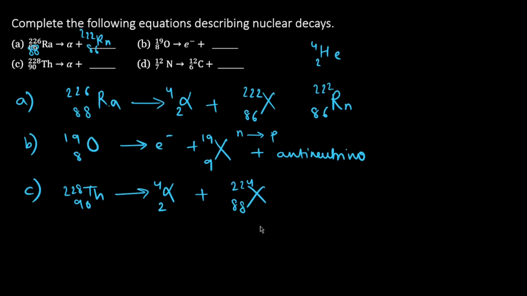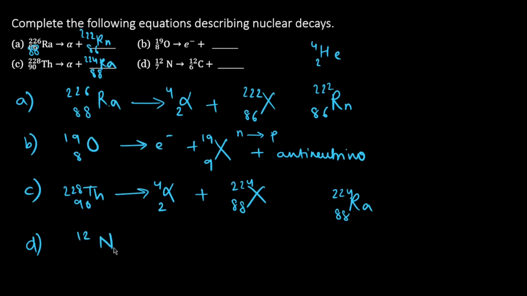So this is nothing but, from our first reaction, radium. So here again radium 88, 224 will come. Now let's look at the last one.